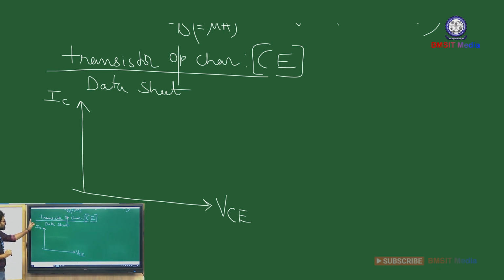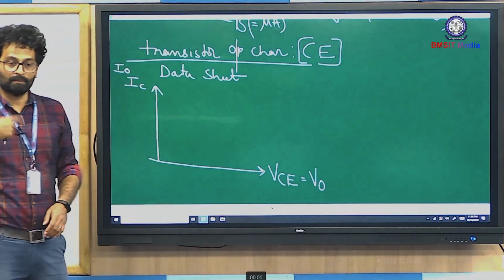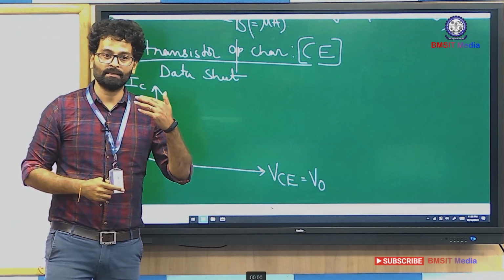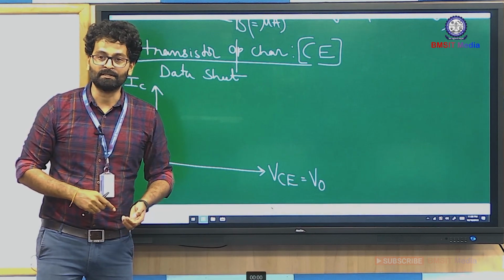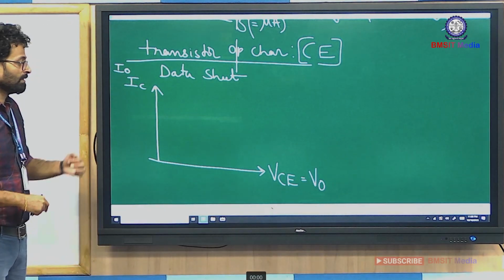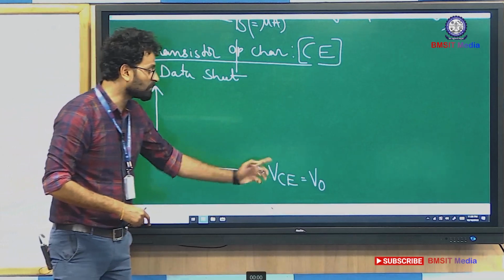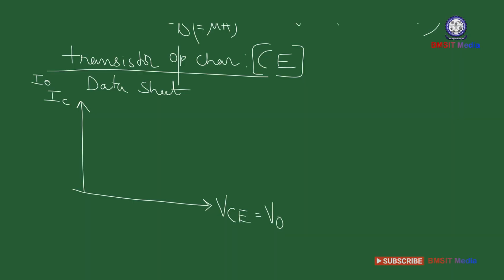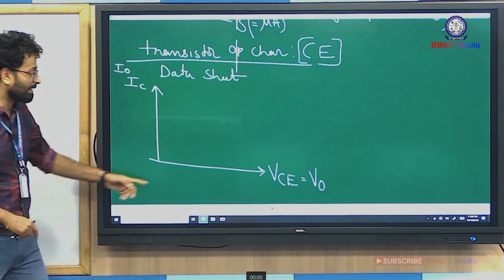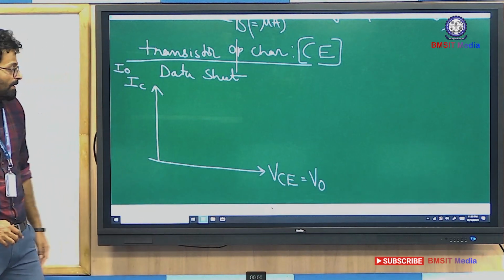Since we are talking about transistor output characteristics, you have to pick output current and output voltage. If you roll back to common emitter configuration, you would find that the transistor output voltage is VCE and the transistor output current is IC. That's why along y-axis you have IC and along x-axis you have VCE.